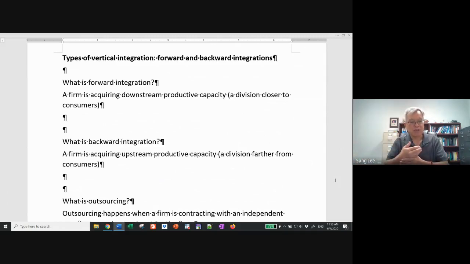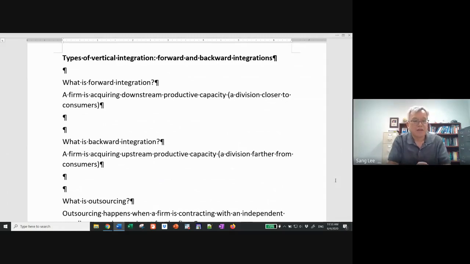And backward integration means you are acquiring upstream productive capacity. You add another input producing division, so a division farther from consumers. You're moving away from consumers. So that is backward integration.